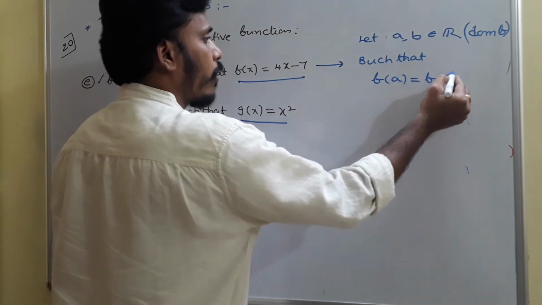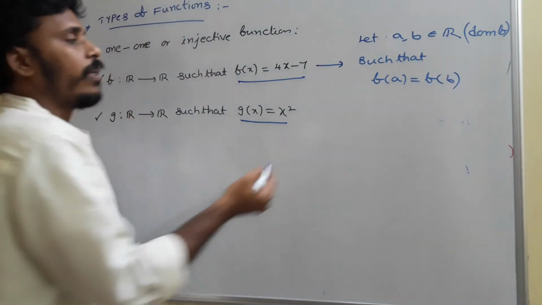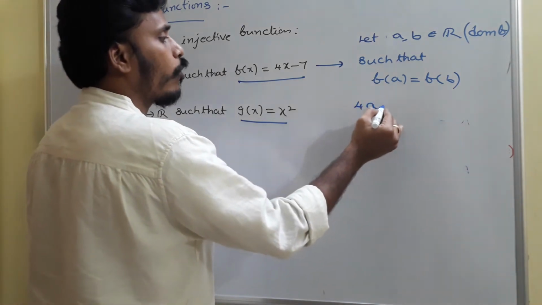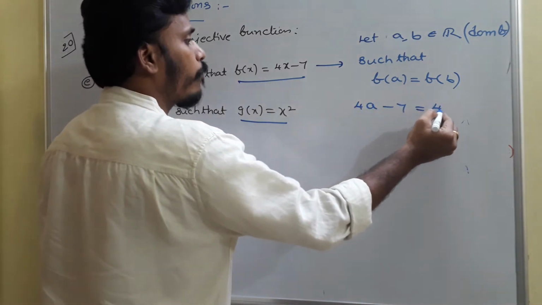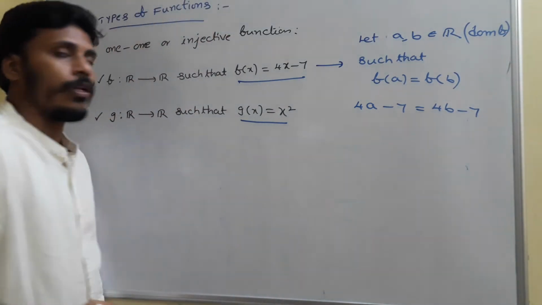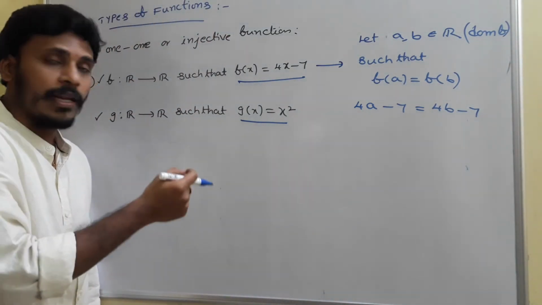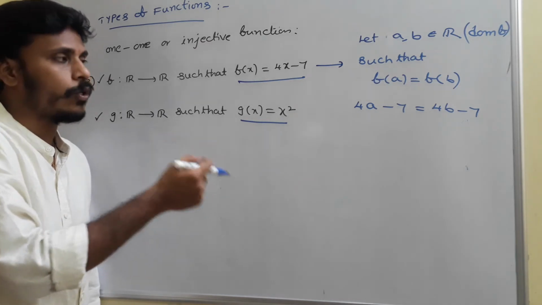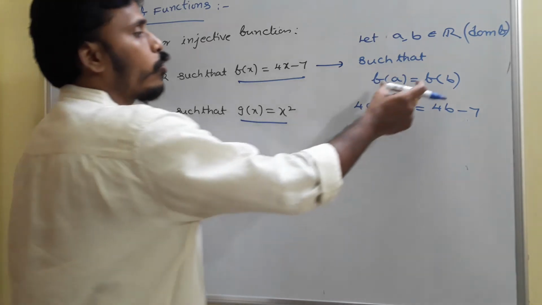Since f of a means 4a minus 7 and f of b means 4b minus 7, we need to start with this.